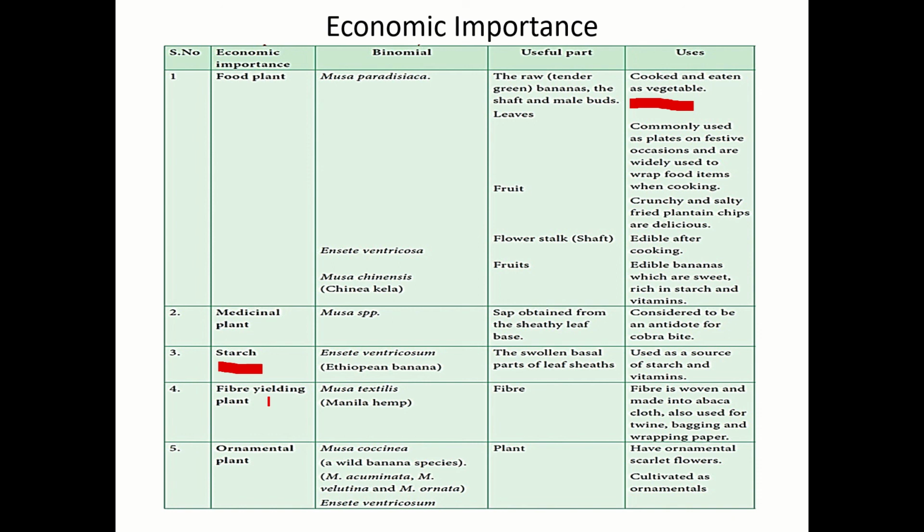After burning of dried fruit skin of Musa sapientum, the ash or the residue that is found is rich in potash and is used widely in the soap industry. So these are the various economic importances of Musaceae.